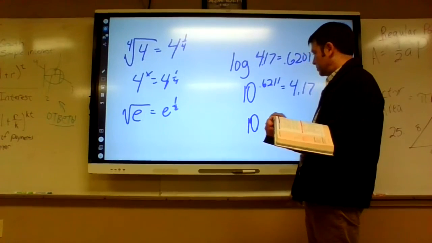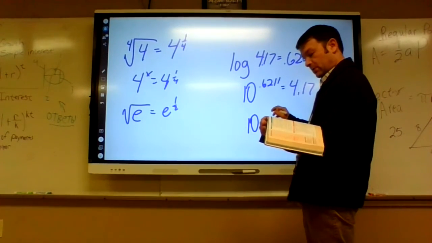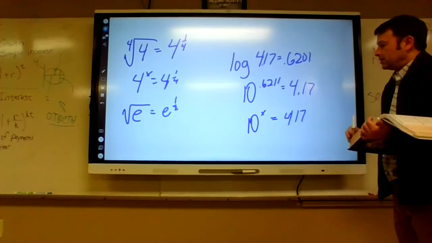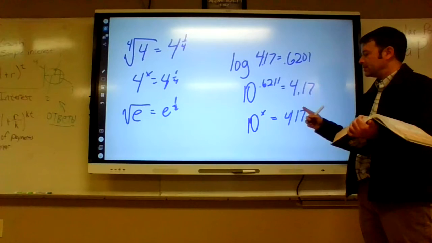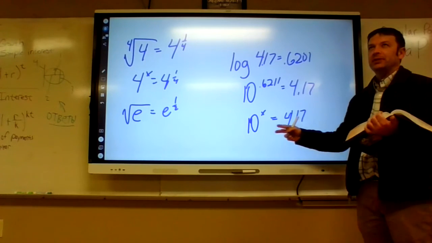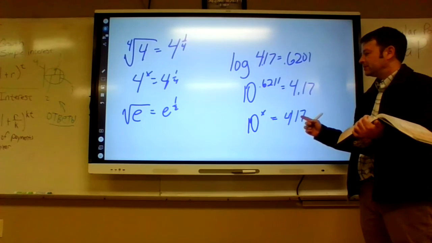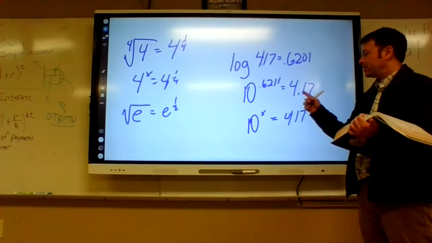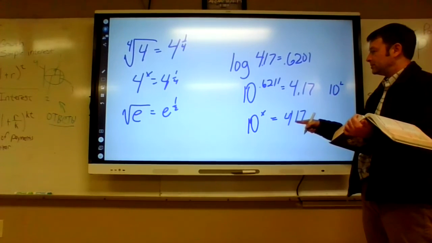And then on A for number 19, let's replace A, it's 10 to the what equals 417? Okay, how do you turn 4.17 into 417? Move the decimal. When you're multiplying by tens, if we multiply by 10 twice, or 10 squared, that would turn that into that, right?